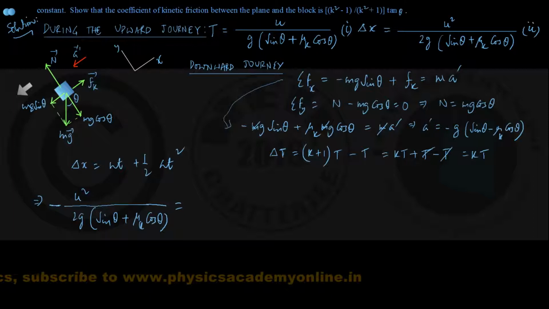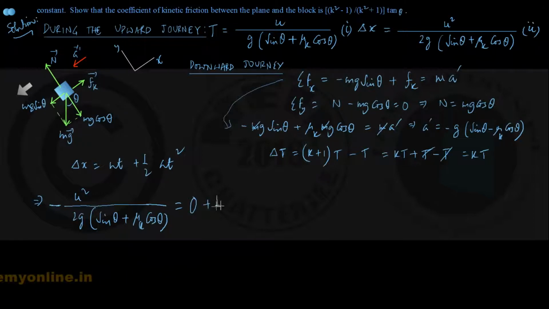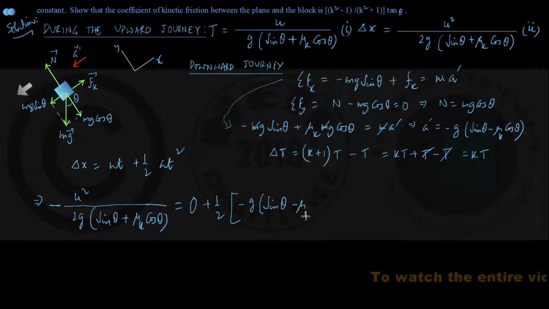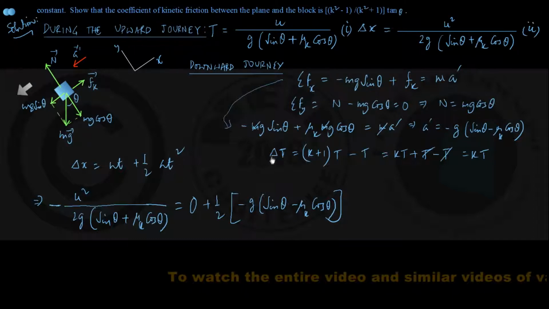Come to the right hand side. At the beginning of the return trip, u was 0. So the first term vanishes, plus half. The value of a now, a dash, as we just now obtained, so I'm putting this value here, that is minus g into sine theta minus mu k cos theta into time of travel already found delta t, that is kT here.